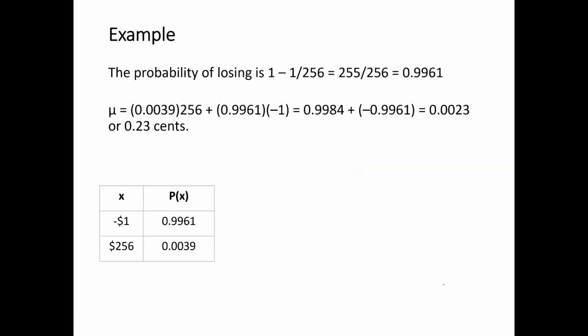So there's our little probability distribution. So we're going to take X times P of X. So this is going to be negative 0.9961, 256 times 0.0039.